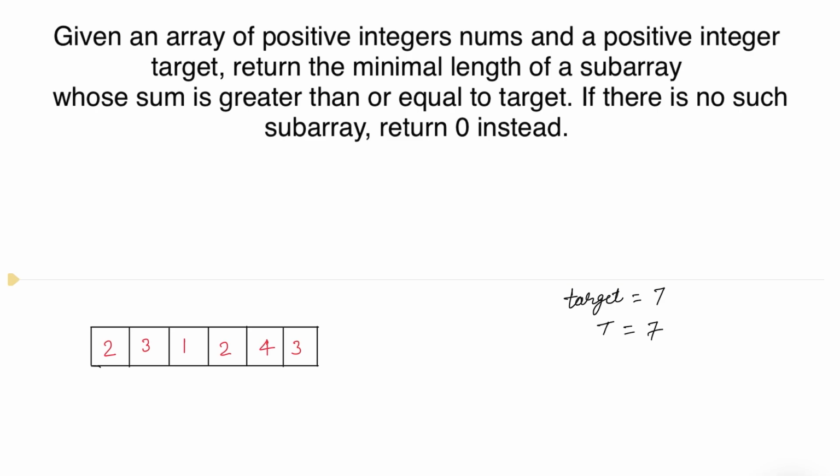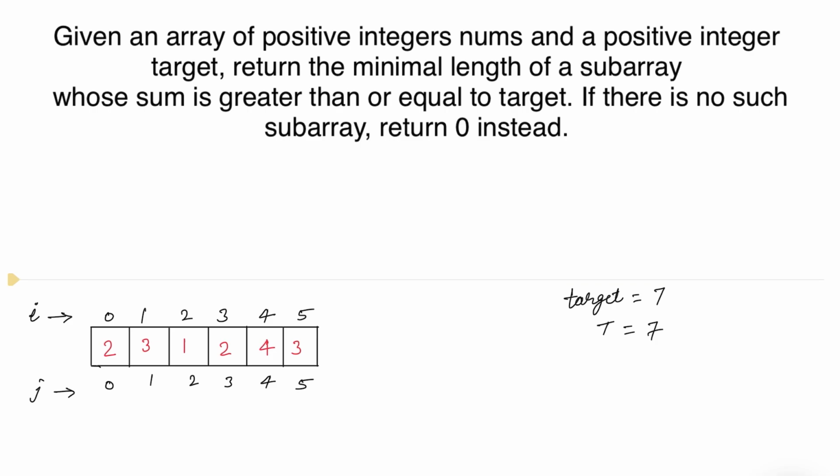How will it work? Let's see. At first, its indexes are 0 1 2 3 4 5. I will write the indexes below also. This one I will represent as I, and this one as J.